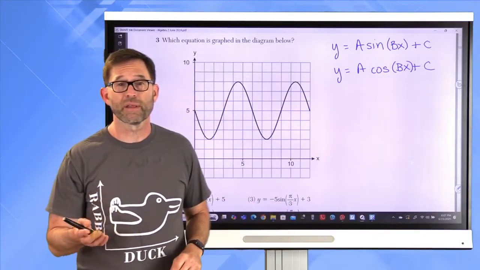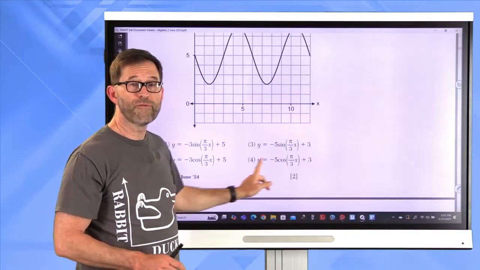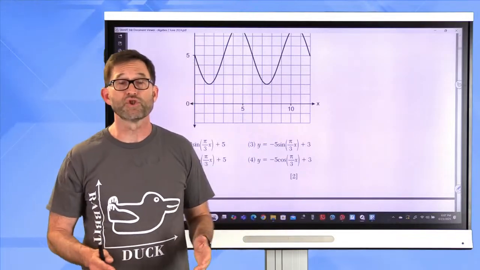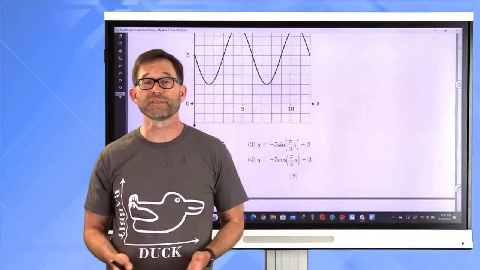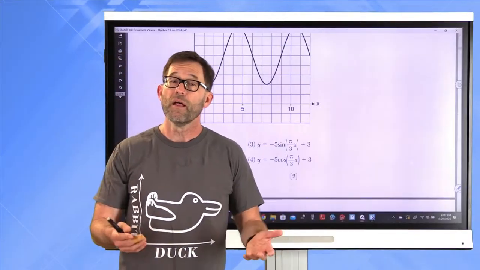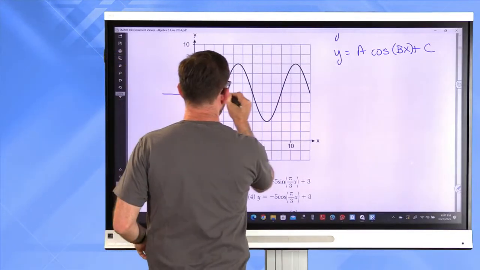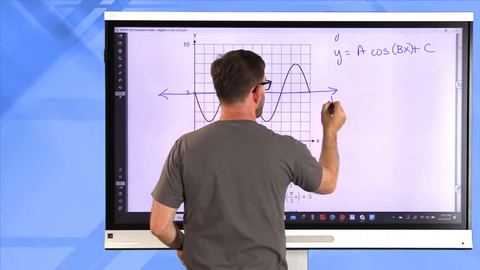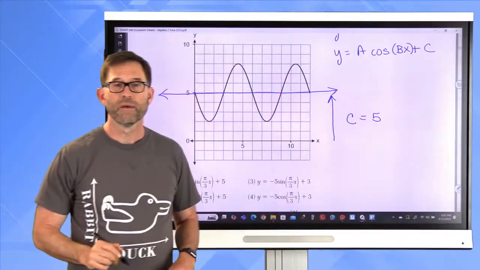The reason that we don't particularly have to deal with it in this problem is because in all 4 of our choices, b is pi over 3. So I could go through and show you why b is pi over 3, but it's the same in each one of these, so it doesn't make a lot of sense to spend our time doing that. That being said, what I can definitely tell is that my midline value is c equals 5, right?